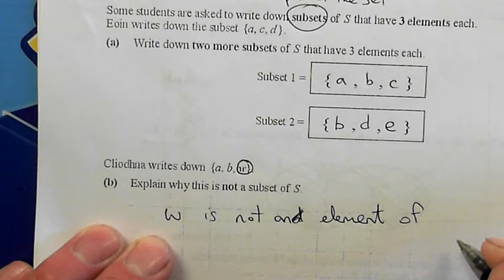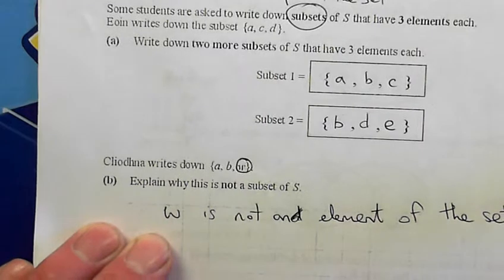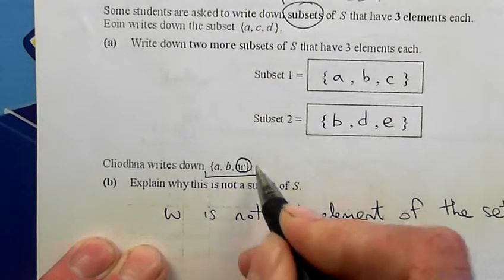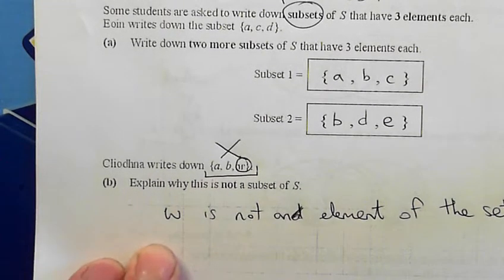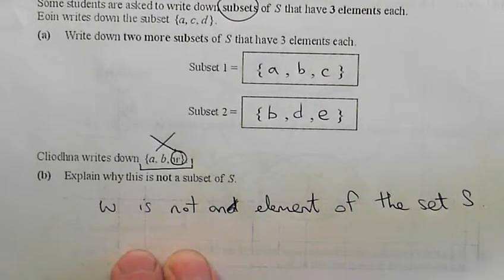W is not an element of the set S. So this cannot be a subset. It's wrong. W is not an element of the set S.